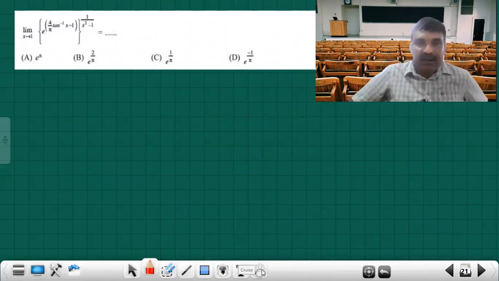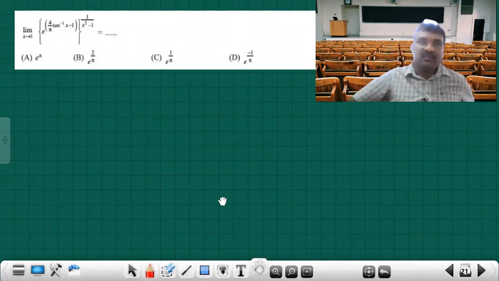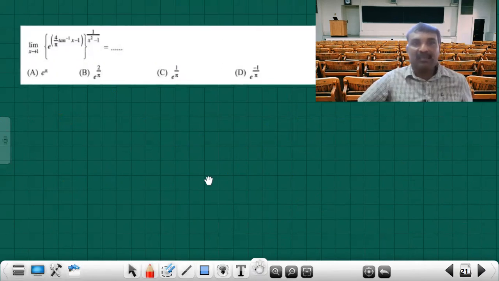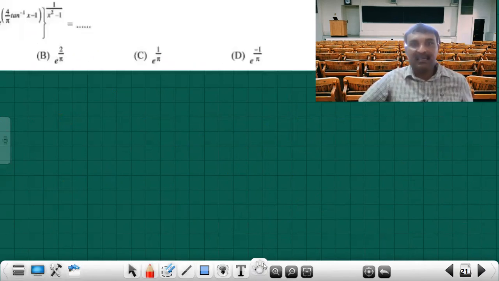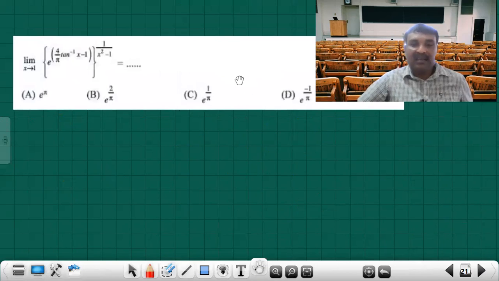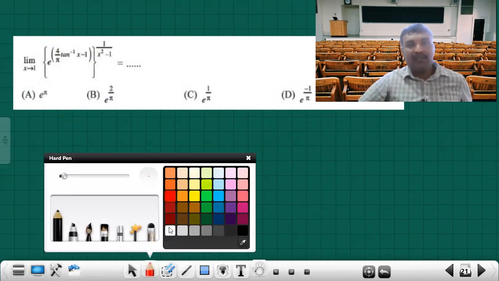Okay. Now we can look at this problem. What they say: limit of e raised to 4 by pi tan inverse x minus 1 by x square minus 1.